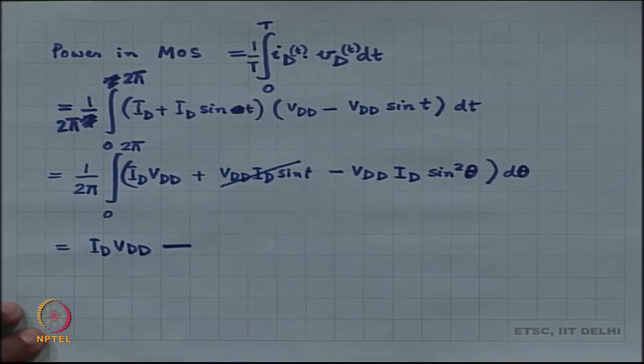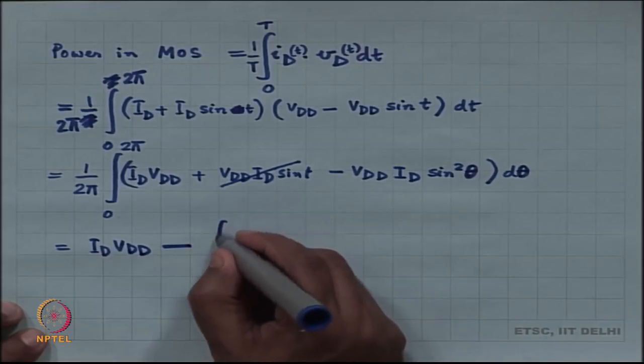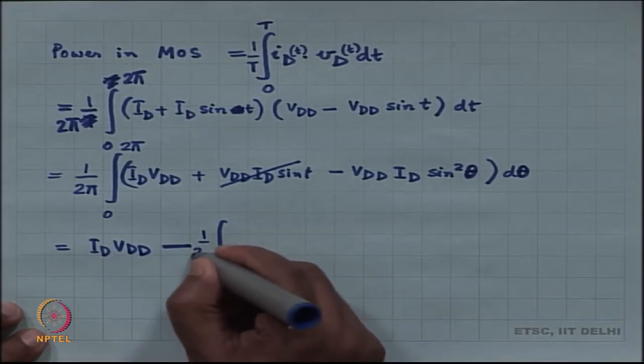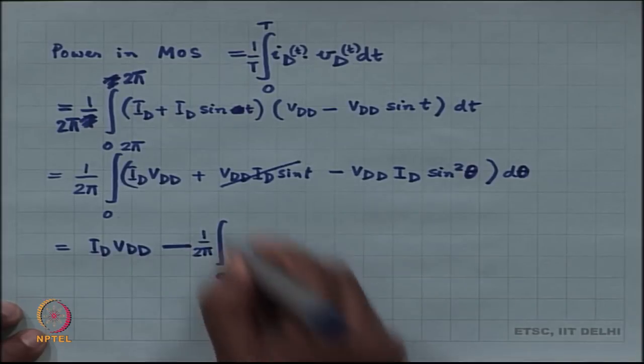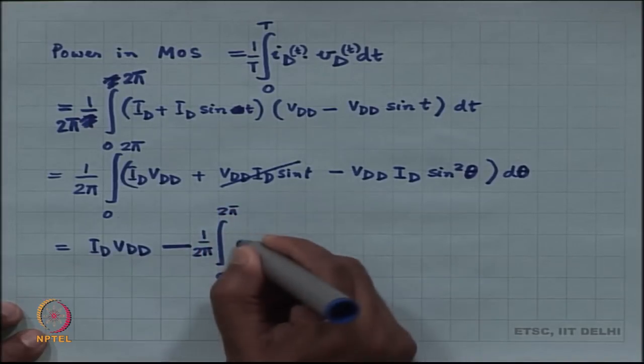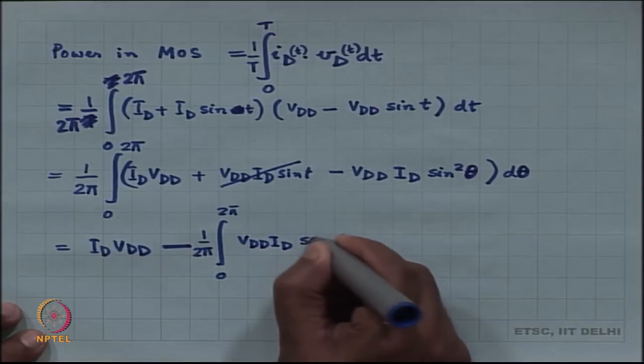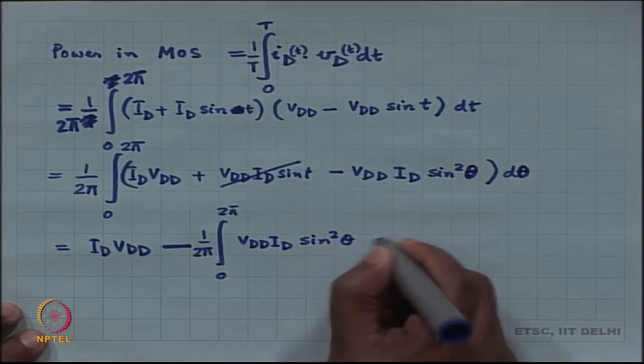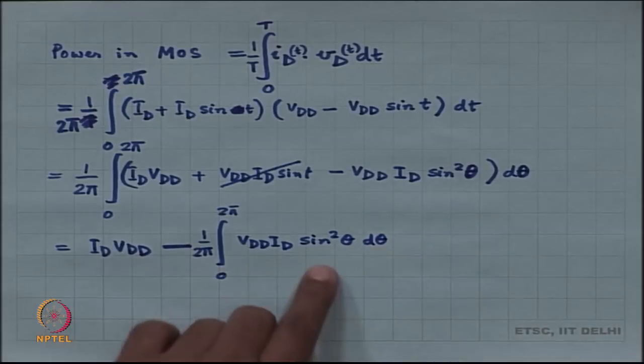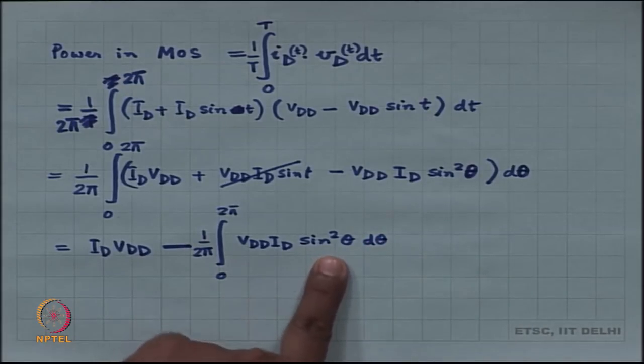And then the remaining part, sine squared theta can always be broken up into cos 2 theta.